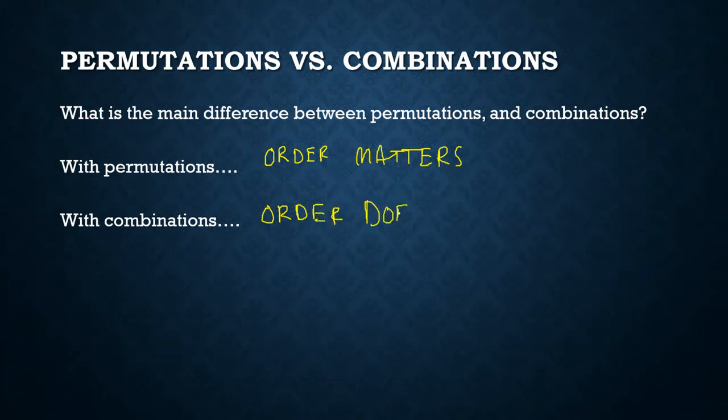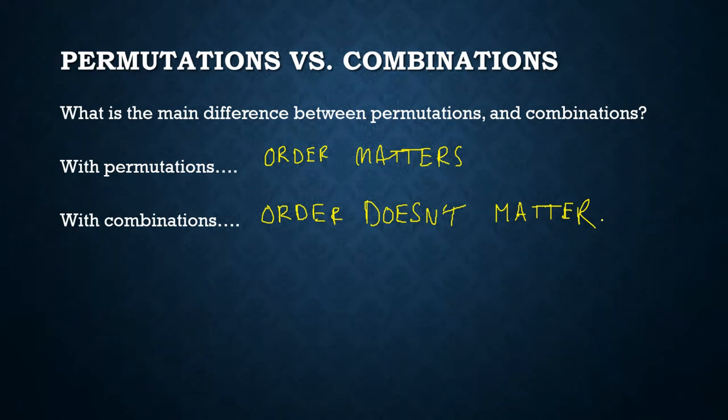So as you are doing problems moving forward, you have to think about whether the order matters in your question or not. If order matters, I should be using permutations. If order doesn't matter, I should be using combinations.